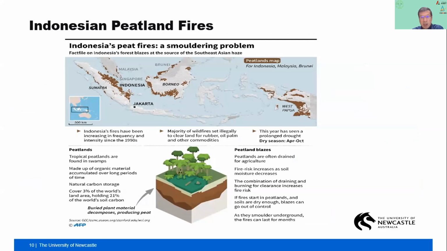They are drained for agriculture, especially plantations like oil palm, acacia for pulp and paper, and other plantations. Now they're drained, but peatlands, as we can see, are wet, and they are very, very precious land and soil and forest. So when they're drained, it becomes dry, so it becomes a risk for fire.